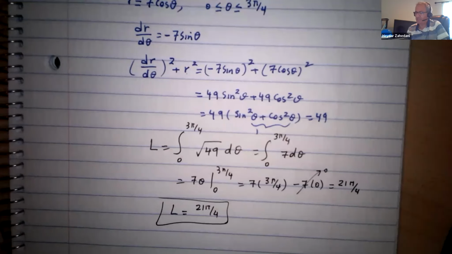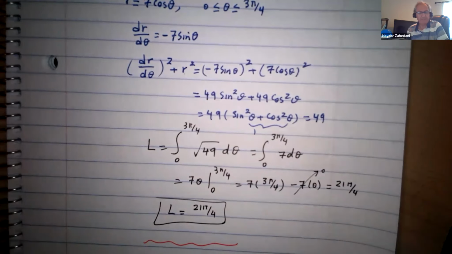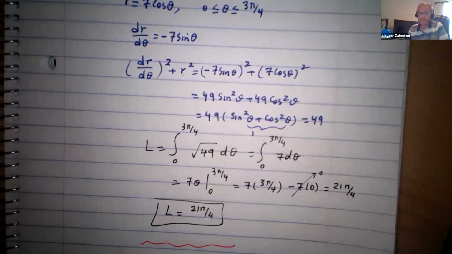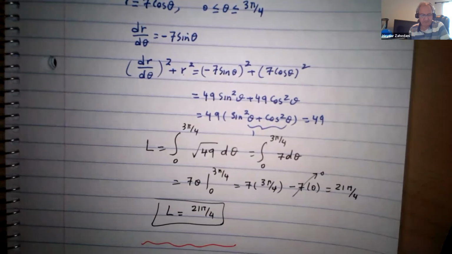So I do number 14 as well to explain it, just because of the terms involved. Just make sure you know it. The length of the cardioid is one of the famous problems.